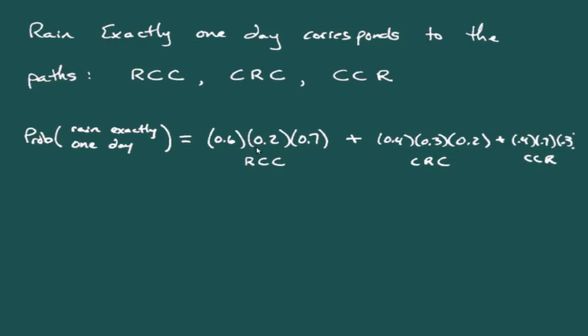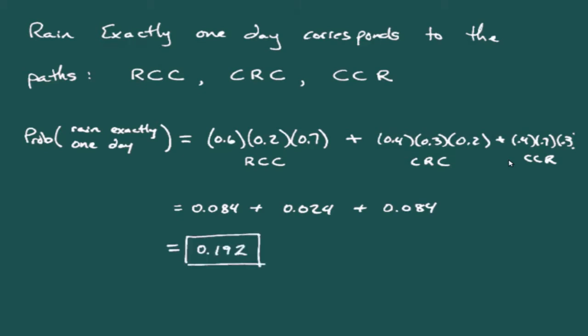So we've got 0.6 times 0.2 times 0.7 for the path RCC. We've got 0.4 times 0.3 times 0.2 for the path CRC. And then we've got 0.4 times 0.7 times 0.3 for the path CCR. So that gives us 0.084 plus 0.024 plus 0.084 for our three paths.